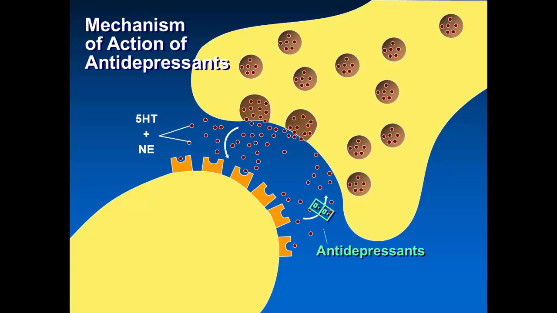This is where antidepressants will act, such as tricyclic antidepressants. Also medications like Cymbalta or venlafaxine, which block the reuptake of serotonin and increase serotonin and norepinephrine as well. So let's get into some practical aspects of management and the use of medications.